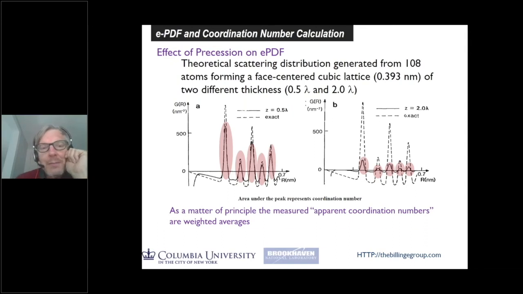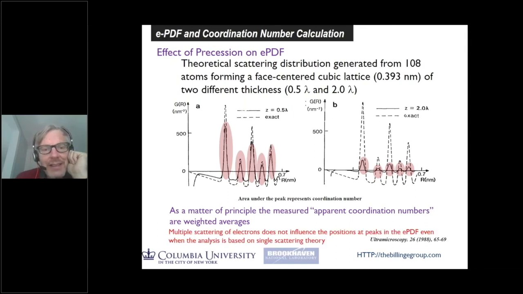But I think the main message to come away from here is that he firstly summarizes that the dynamical scattering effects do not affect the positions of the peaks in the PDF. They can have an effect on the intensities, but using precession minimizes those effects.